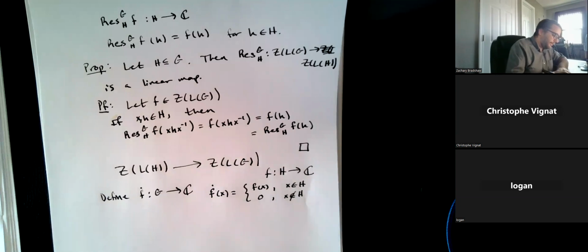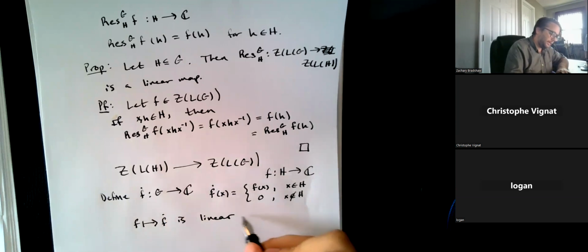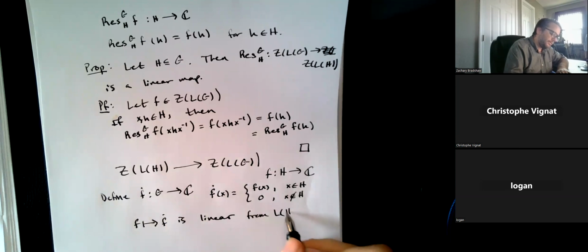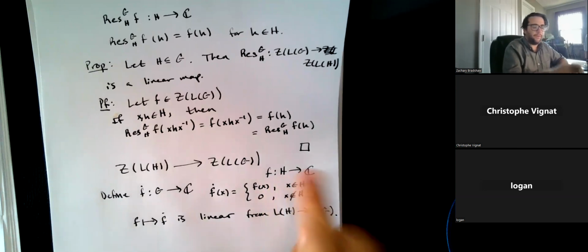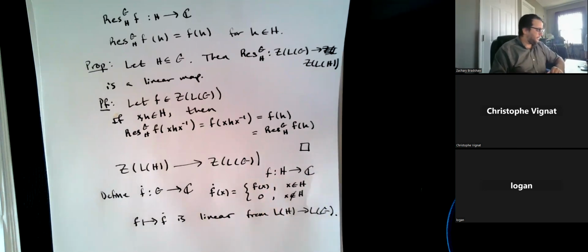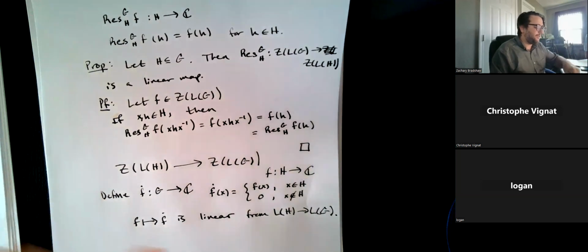And well, the assignment that takes you from f to f dot is linear. It's a linear map from functions on H to functions on G. I think I said this is a class function earlier. This can be any function on H. And what we'll do is we'll now use this map to assign a map on the class function level.